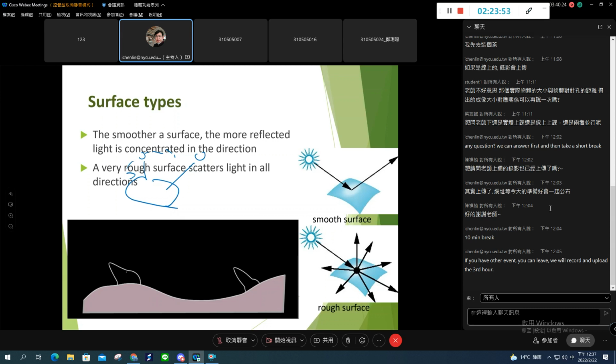We find that the ratio of reflection will look something like this kind of model.